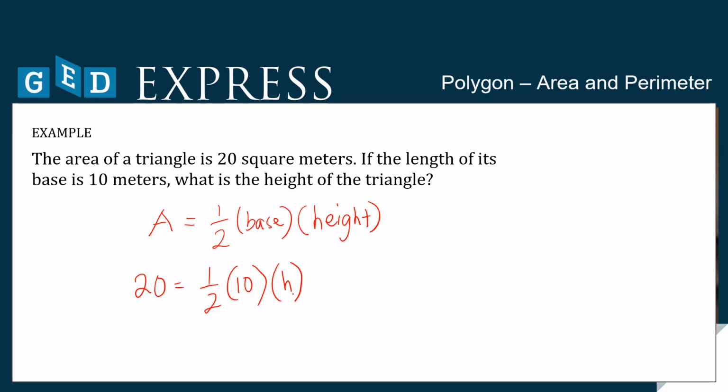To simplify, we have 20 is equal to 1/2 times 10, which is 5h. Then dividing both sides by 5, we have h is equal to 4.